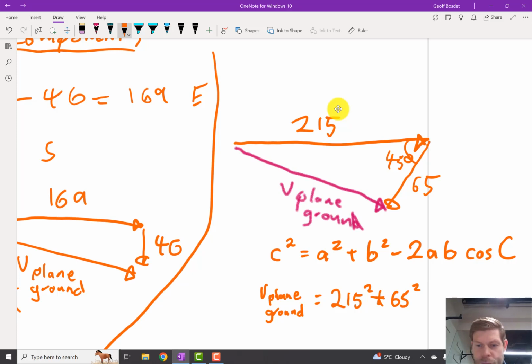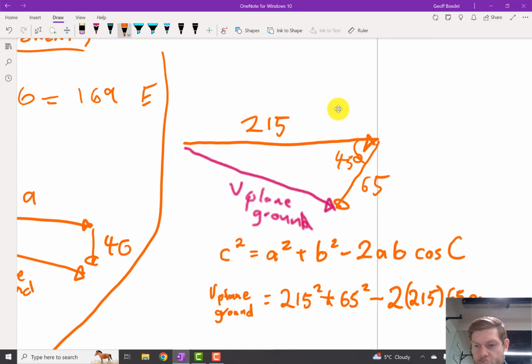Same with the multiplication. So it doesn't matter which one you decide is A and which one you decide is B. Just pick one. All right, so continuing. So minus 2 times 215 times 65 times cosine of 45. And take the square root of all that delightfulness.